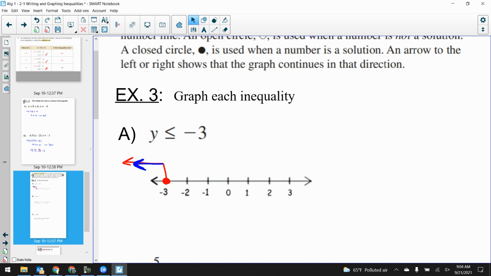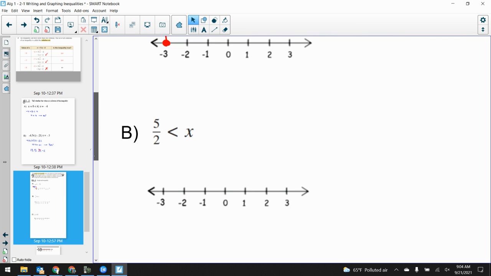And that always works as long as the variable is on the left side. I'm going to be picky about that. I want the variable always on the left side. If the variable is on the left side, you can use that rule: if it's a less than symbol, this is the way the arrow is going to point. So it's going to go down here. Let's see if that works over here.